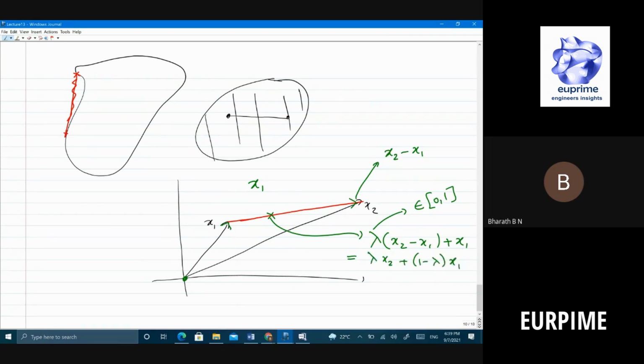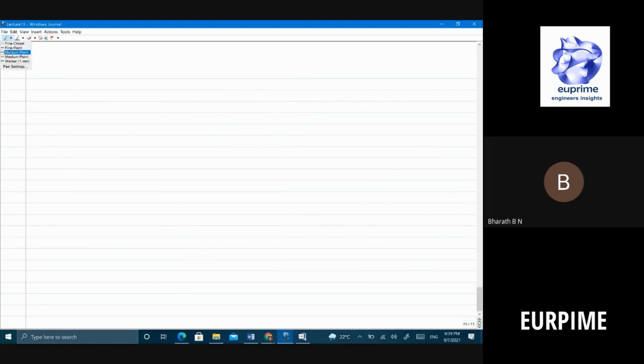Algebraic manipulation. I have done nothing fancy here. I've taken x1 common, I get 1 minus lambda out and then lambda times x2. Or I can also write lambda x1 plus 1 minus lambda x2. It doesn't matter. So now this leads to the definition.